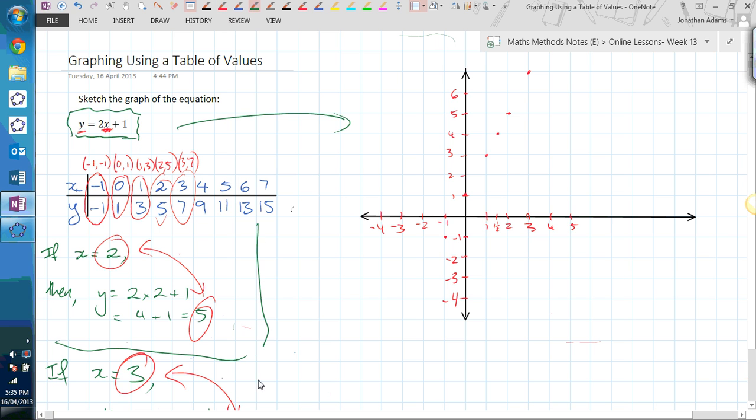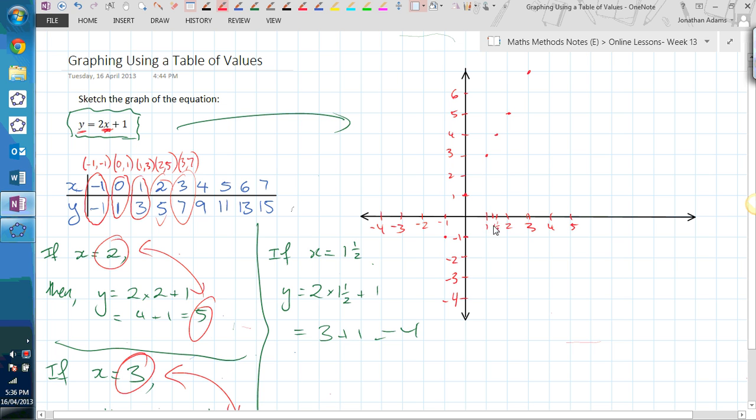If I put in x equals 1.5, y equals 2 times 1.5 plus 1. 2 lots of 1.5 is 3, and 3 plus 1 is 4. So indeed, that point is also a solution to this equation. If I put 1.5 in, I get that out.